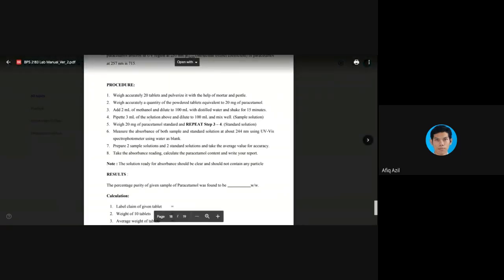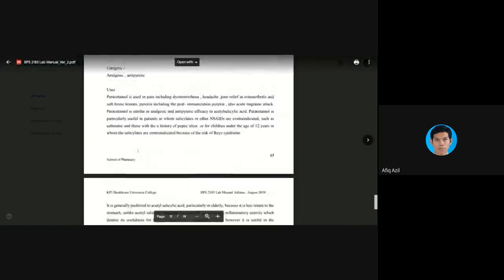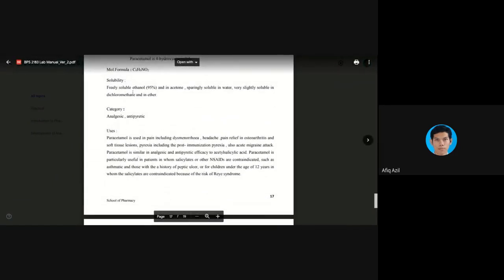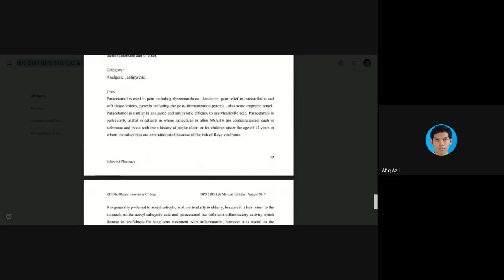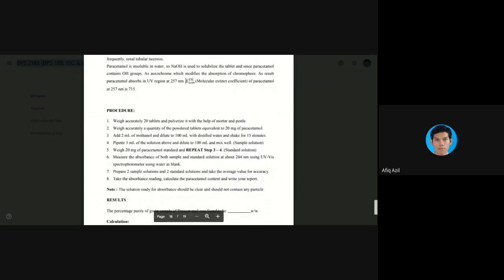The reason you put this methanol is that, as you saw earlier, paracetamol is very freely soluble in ethanol or other alcohol as well. So we add just a little bit of methanol to help all of the paracetamol dissolve. Sometimes it may require a little more than 2 ml; the amount could be double, 4 ml, 5, up to 10 ml.